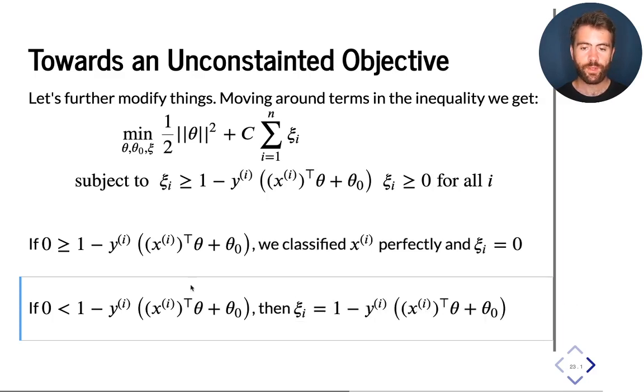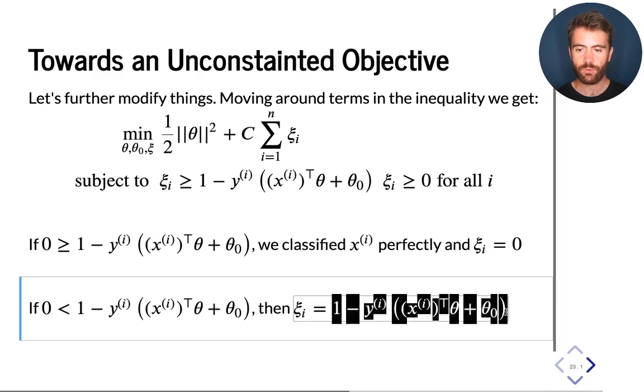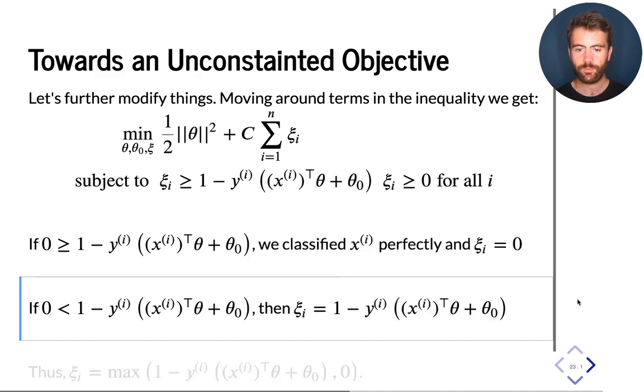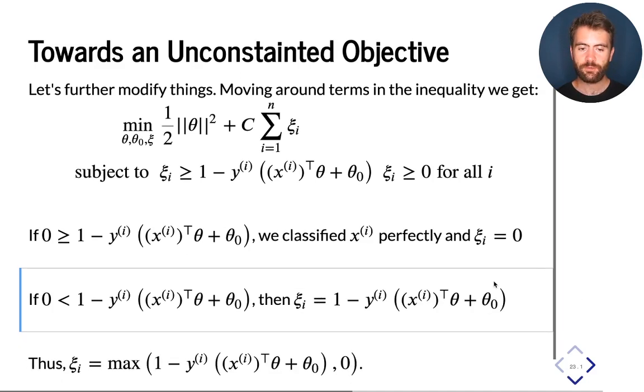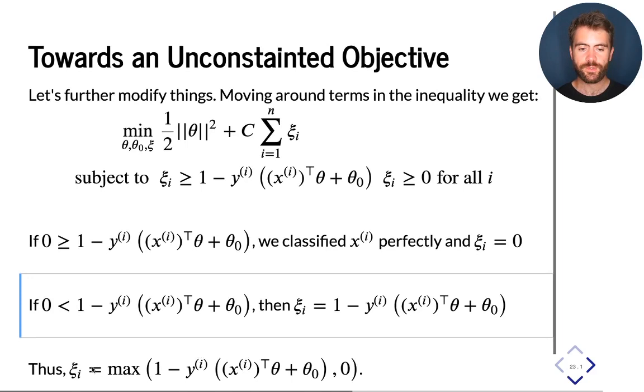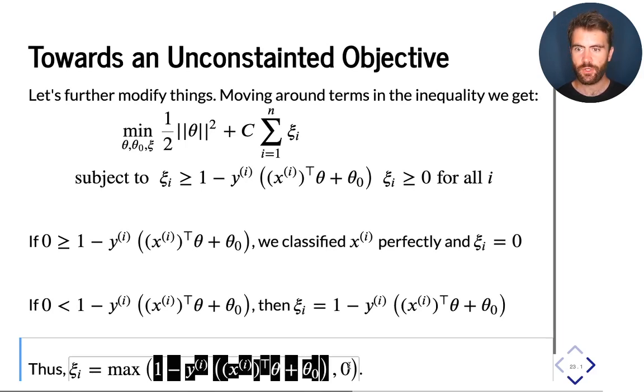So when this term here is less than 0, as I showed here, then xi is 0. If this term here is higher than 0, then xi equals that term. To put it differently, xi will always equal the maximum of this term and 0.